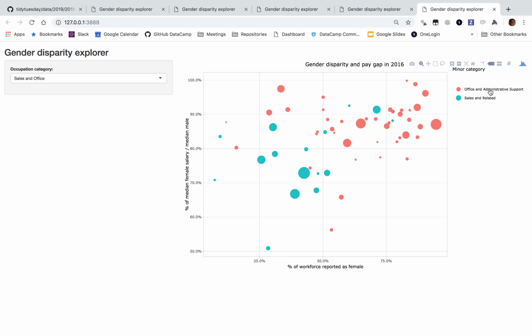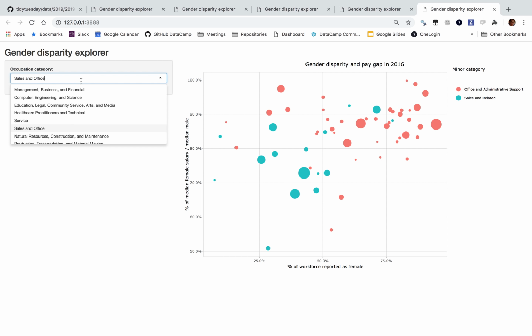I can see that office administrative support tends to be more female, and actually that's an interesting one. Office administrative support tends to be more female and have a smaller pay gap compared to sales and related, which tends to be less than 50% female, and we see a bit of a larger wage gap by these couple categories.